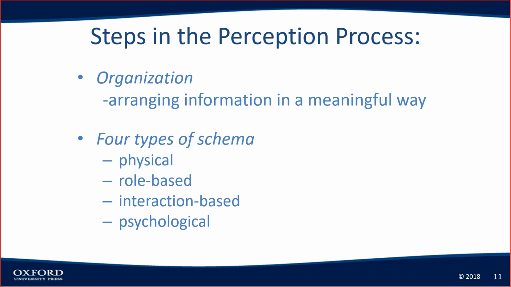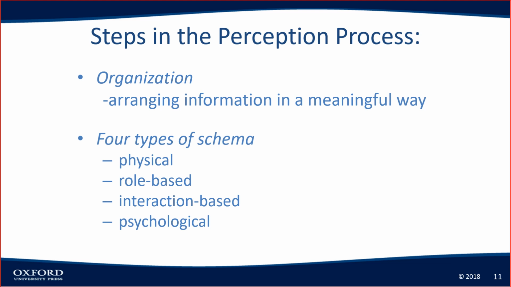The next step in the perception process is organization. Organization is step number 2, and it's the stage where we select the information. That's stage 1. But then we're starting to add meaning to it, arrange it in a certain way where we're starting to make sense of what we're looking at.